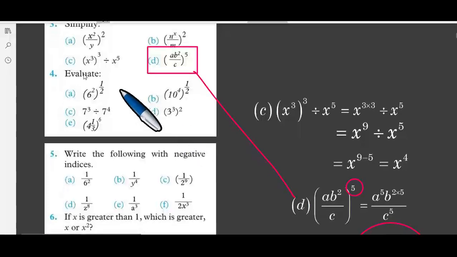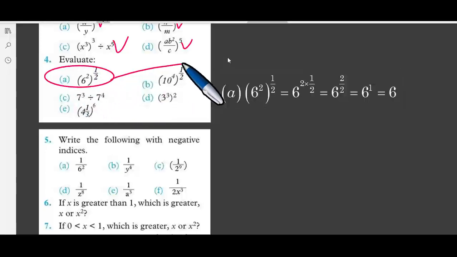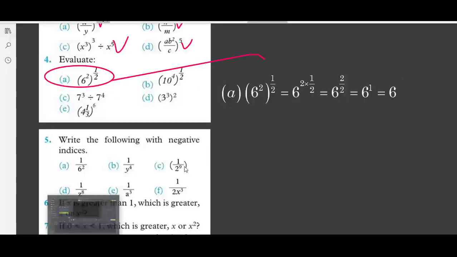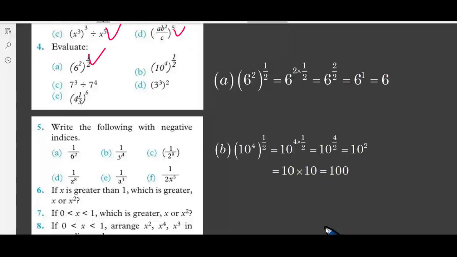Now let's jump here. Solving this problem, we applied the same rules. This half will operate here, this multiplied, then the final answer is 6.